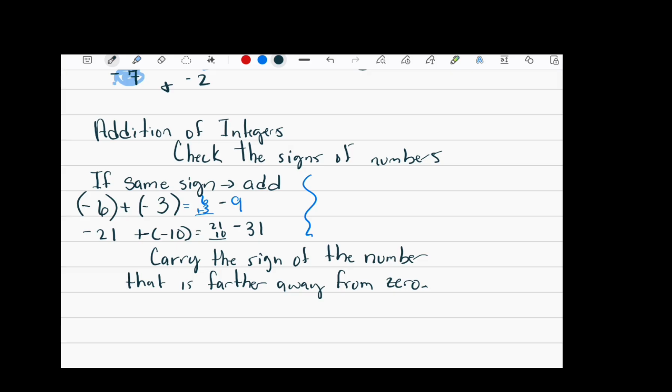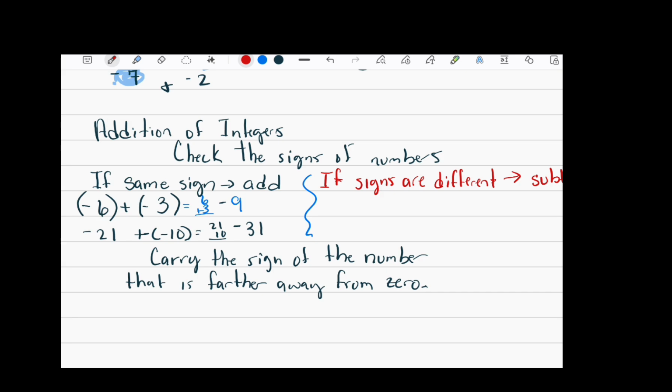Let's go to the other side now. If the signs are different, now you subtract.